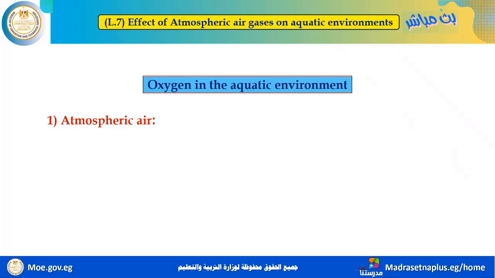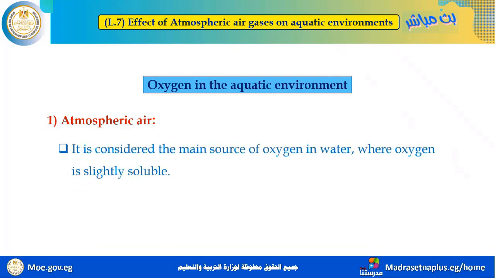Also, let's start with the atmospheric air to know more about it. It is considered the main source of oxygen in water, where oxygen is slightly soluble in the water.